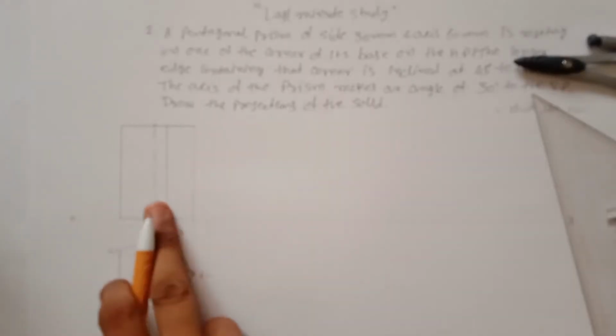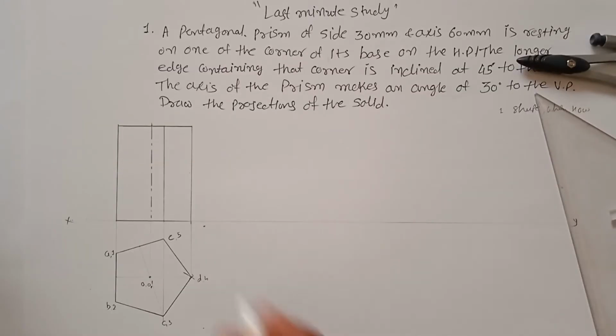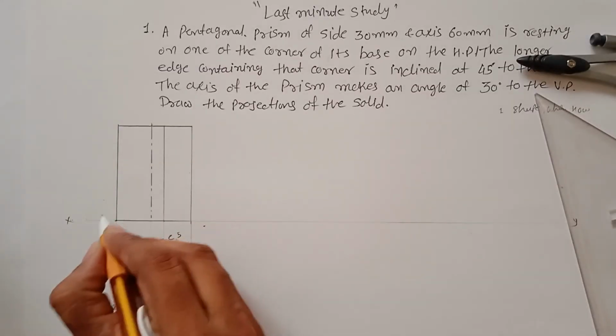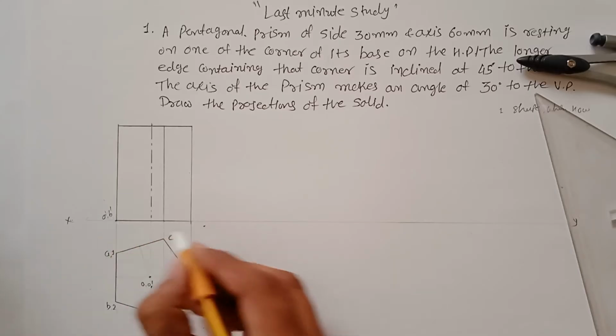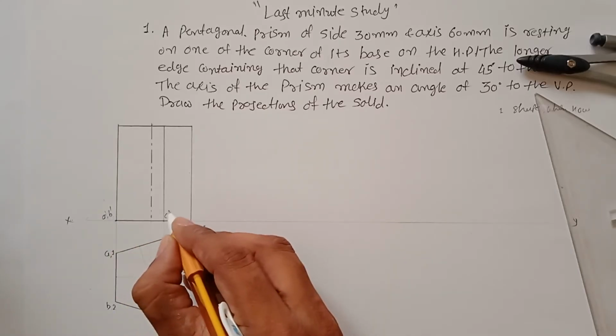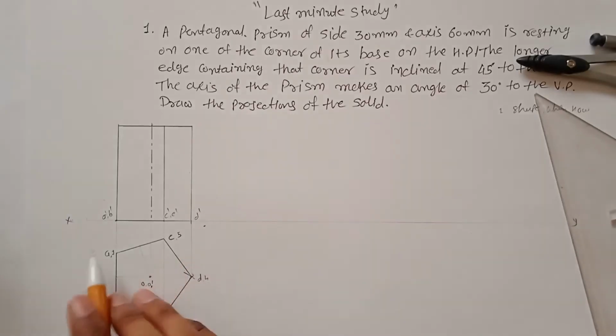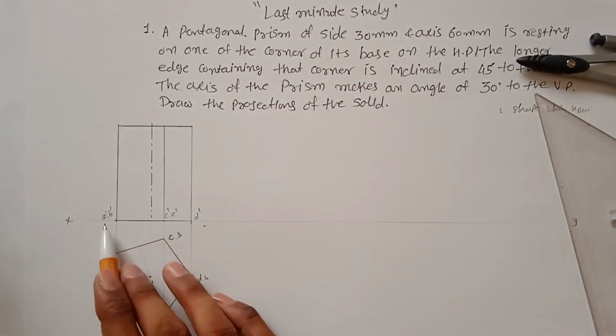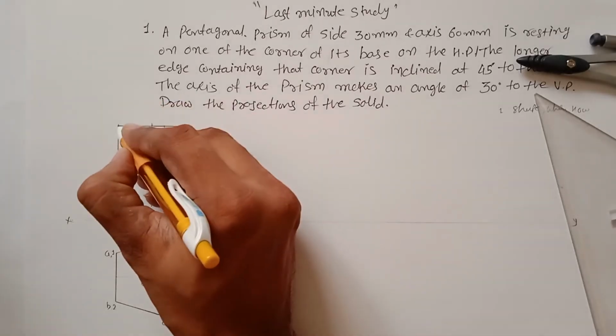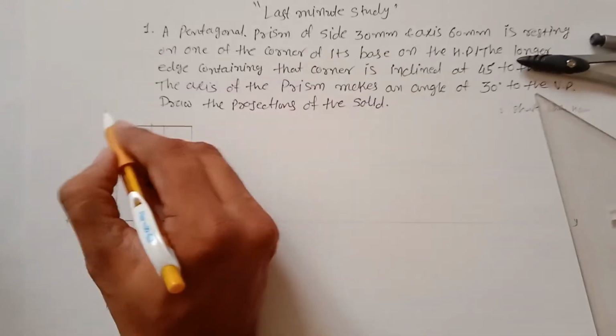So this is the front view of the solid in its initial position where it is resting on the HP. This point is A dash, B dash, this is C dash, E dash, and this is D dash, because we have considered the bottom part of the pentagon as A, B, C, D and the top part as numbers.